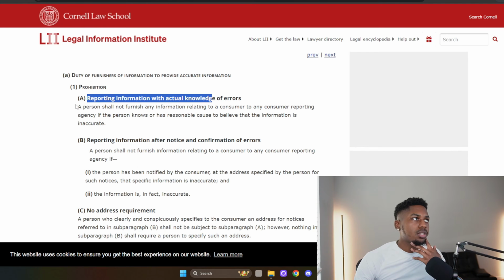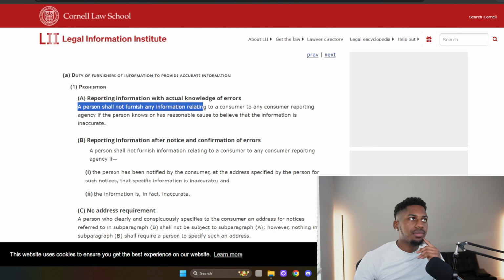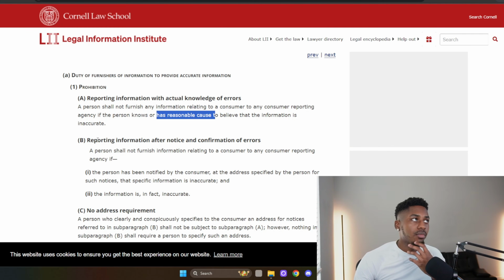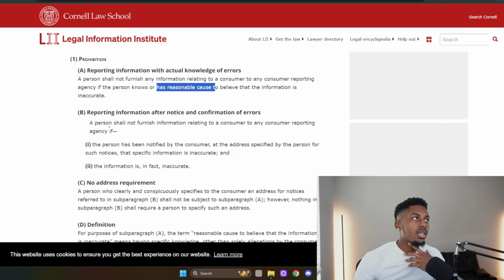Okay. So a person shall not furnish any information relating to a consumer to any consumer reporting agency if a person knows or has reasonable cause to believe that the information is inaccurate. Okay. A person shall not furnish information relating to a consumer to any consumer reporting agency if the person has been notified by the consumer at the address specified by the person for such notice that the specific information is inaccurate, and if the information in fact is inaccurate.